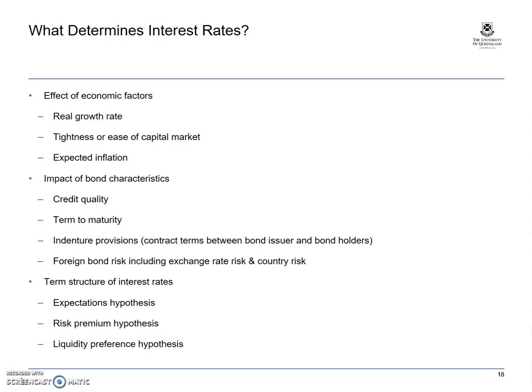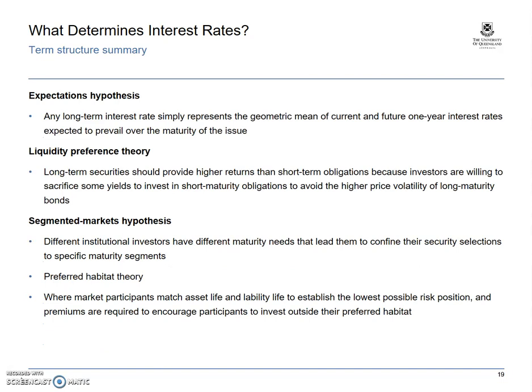The term structure of interest rates refers to how the interest rate for the same quality changes in terms of how long it is until maturity. There are a couple of different hypotheses. Three of the most common are the expectations hypothesis, the risk premium hypothesis, and the liquidity preference hypothesis.